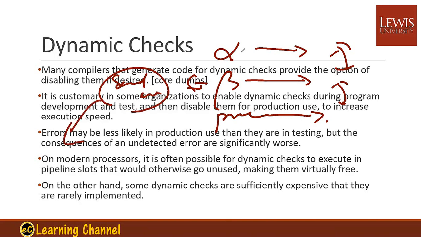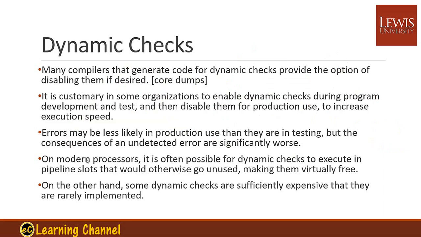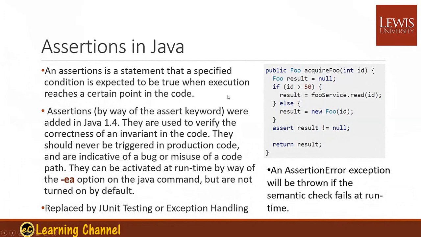In production, they probably don't want that. Or they will ask whether you want to join the program to help debug: yes, you probably will generate that; no, maybe not. So for production, you have different considerations. Here we are just talking about dynamic checking and what you do from the compiler's point of view.